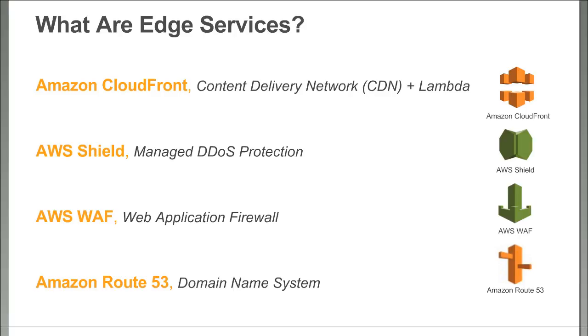AWS Shield, which is our managed DDoS protection service. AWS WAF, our web application firewall. And Amazon Route 53, our domain name system. I'll go over each of these in a little more detail, and we'll talk about how we can use those in our application from a best practices perspective.